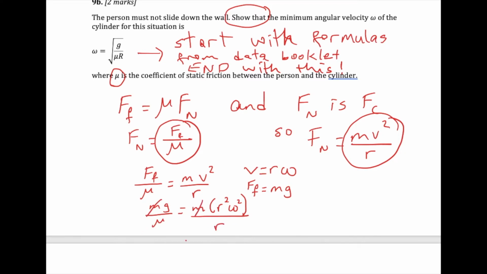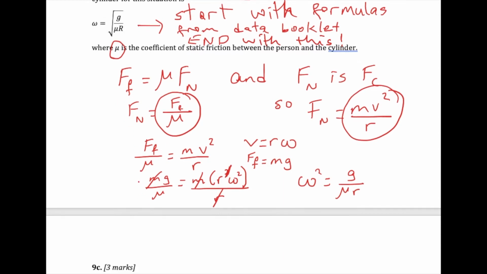Then I divide both sides by m, cancel these r's, and then all I have to do is rearrange this for omega. Omega squared would be equal to g over mu times r, and then to get omega, the square root of this gives me the expression that I want.